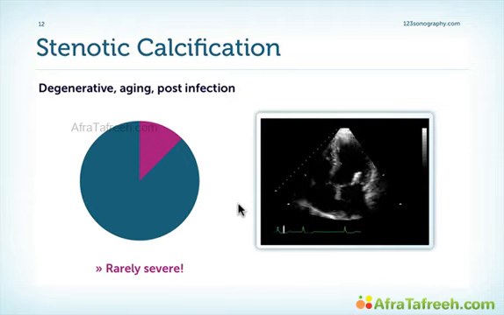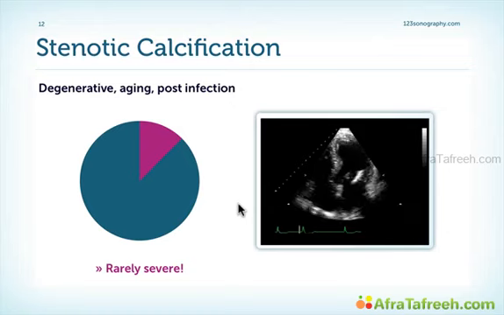Very rarely, however, will we see significant mitral stenosis in the setting of stenotic calcification. However, you have to be aware that even patients who have rheumatically affected valves can have secondary degenerative changes, and in the end stage it is often very difficult to say if the primary cause of stenosis was stenotic calcification or rheumatic heart disease.